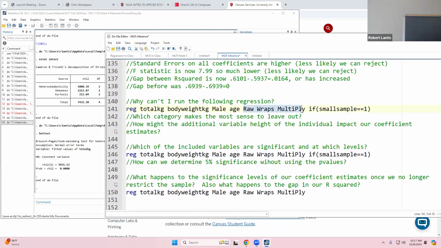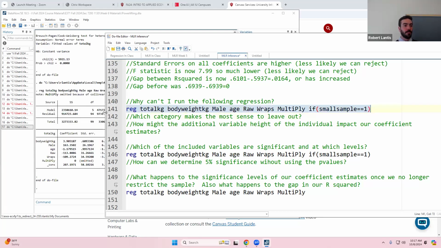There are 3 different types of lifting: no assistive equipment, which is raw; wraps, where you have some light assisted equipment; and multiply, which is really assisted equipment. So it has to be categorized in one of these three areas. If I try to include all of these in my regression, anytime these two are 0, this one automatically has to be 1. There's no other type of meet. There are only 3 different types here.